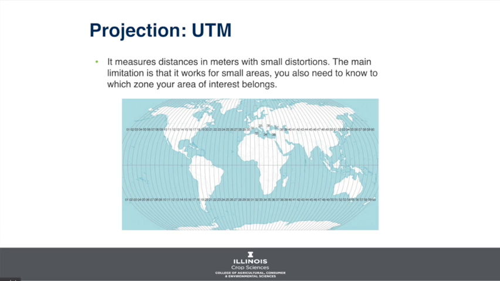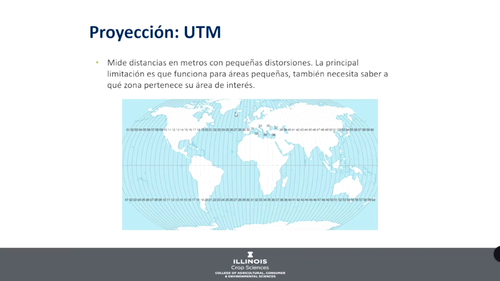There's another type of projection, UTM or Universal Transverse Mercator, which measures the distances in meters with small distortions. The main constraint is that it works for small areas. So usually you have to define sections, like north and south, and after that you have to allocate the corresponding segment, and in that segment everything is preserved: the shape, the direction, and the distances.